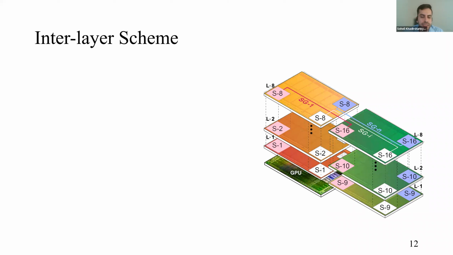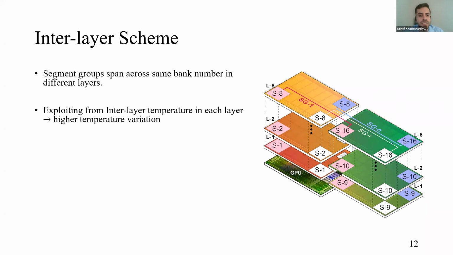For the inter-layer scheme, on the other hand, we are focusing on inter-layer temperature variation, which means the temperature variation across layers. Segment groups span across the same bank number in different layers. So the hottest segment can be placed on all of the layers, but it should be in the same bank across all these layers.